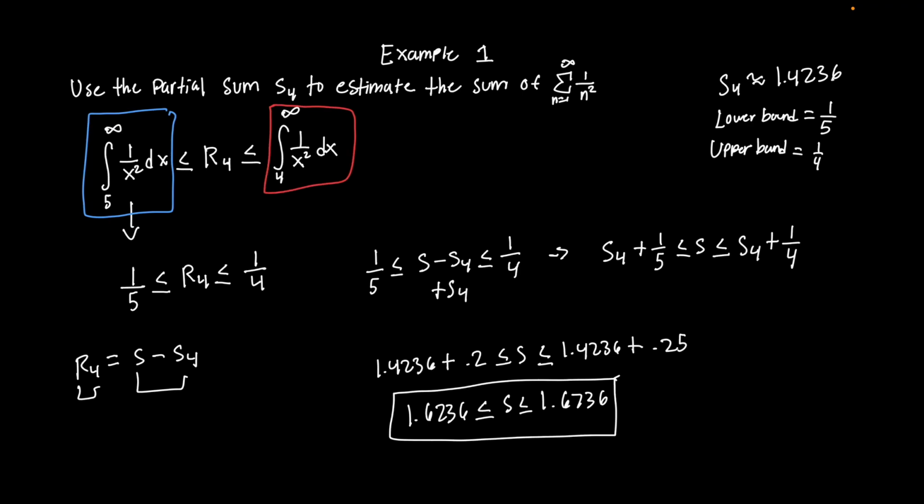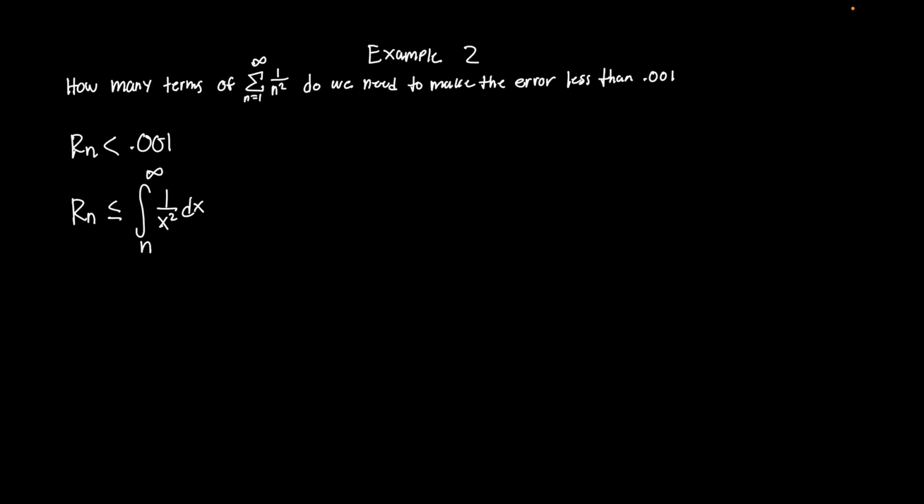So that's why it's n. Now we just solve. So this is just saying that the integral from n to infinity of 1 over x squared.